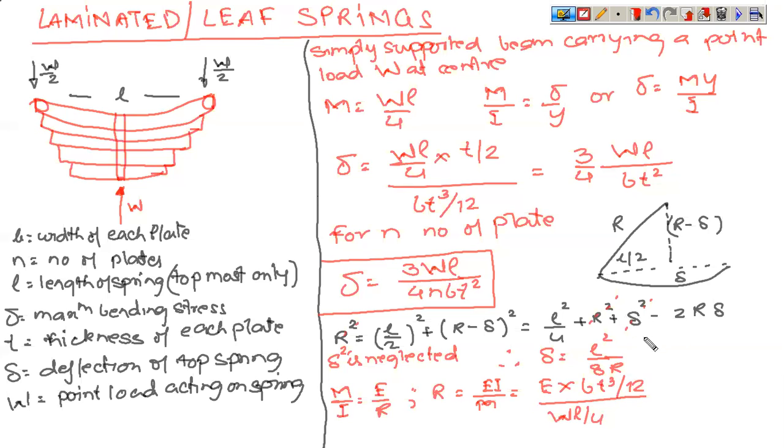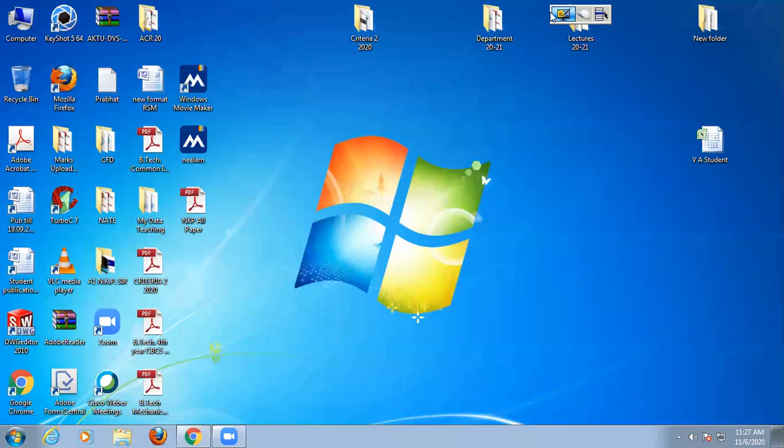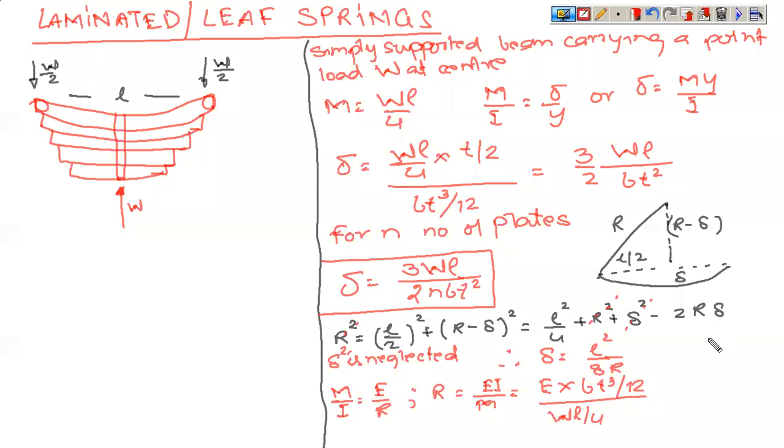Okay, so if you put down these values, now R is equal to E into bt cube by 12 into WL by 4.